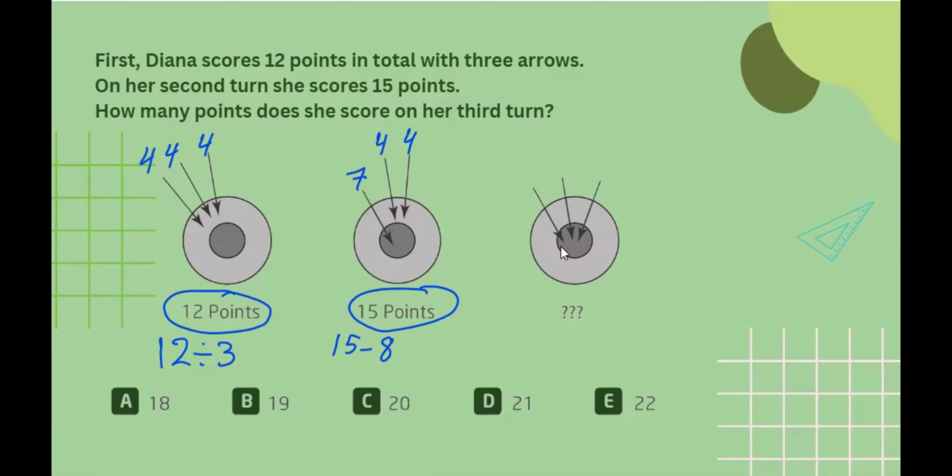So as you see here in the third picture, we have 3 arrows in the center. So each arrow equals 7. So if we add them together, 7 plus 7 plus 7 equals 21. So the answer is 21.